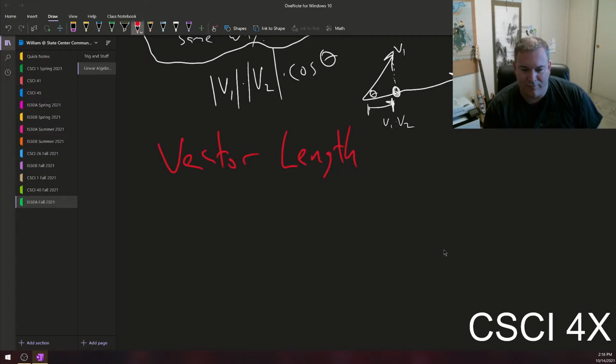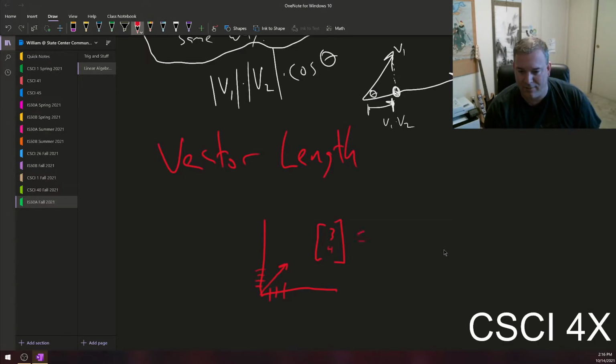Okay, so if you have a vector, and the vector is, let's just say it's a two-dimensional vector. So the vector has a length of 3 in the x direction and a length of 4 in the y direction.